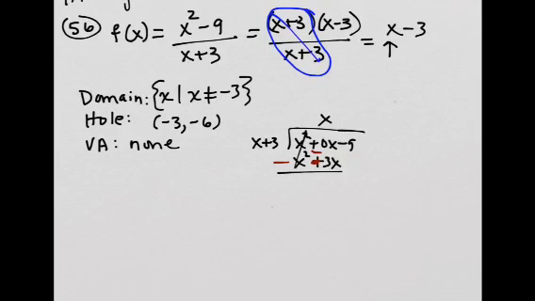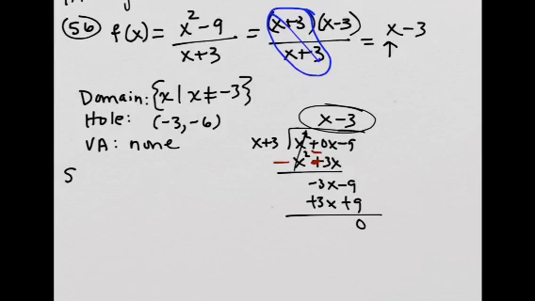So you're left with negative 3x minus 9. So then the next one would be negative 3. And when you subtract, you add the opposite, so you get 0. So this would be your slant asymptote. y equals x minus 3.